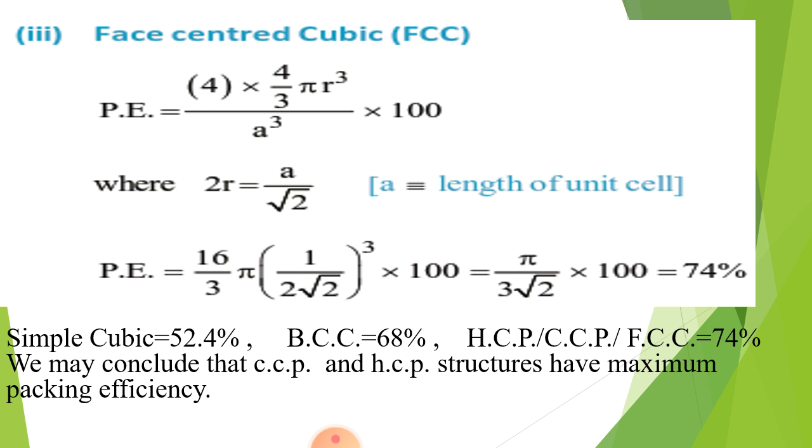This is also equal to 4r. One face center atom touches 2 corner atoms. That's why the face diagonal root 2 a is equal to 4r. Put these values. You find the packing efficiency is 74%, which is the highest. That's why FCC or CCP is more stable than BCC, and BCC is more stable than SCC.